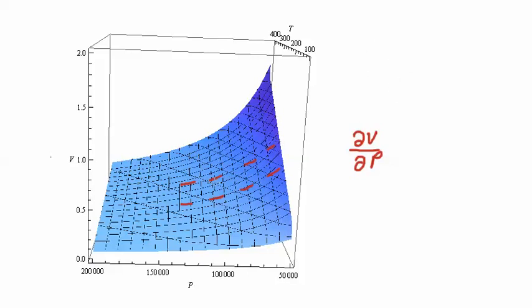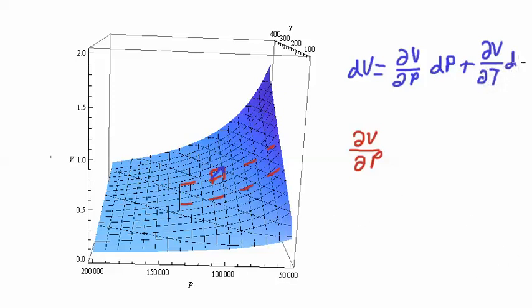Now if you want to know, say from here to here, what is the change in volume in that tiny little section, that change in volume is going to be equal to del V del P times the change in pressure, plus the other part, del V del T times the change in temperature.